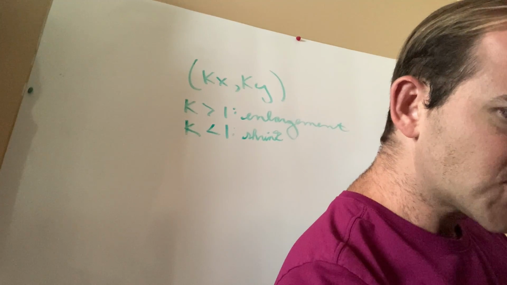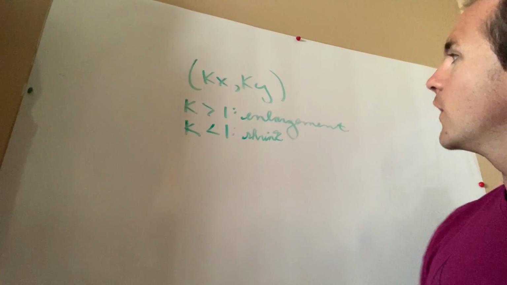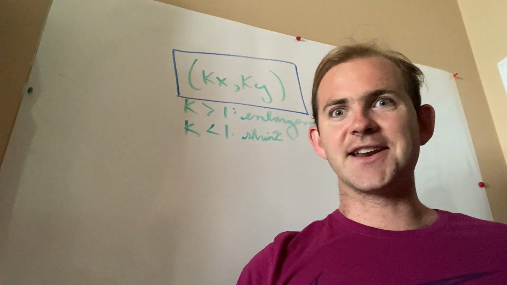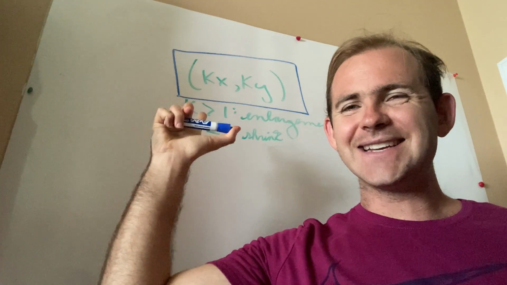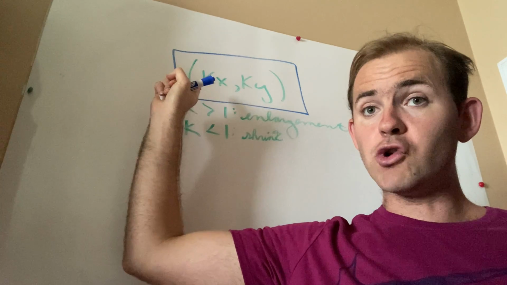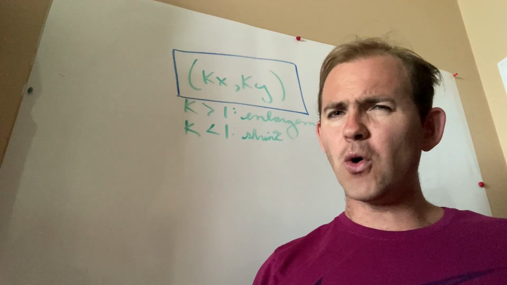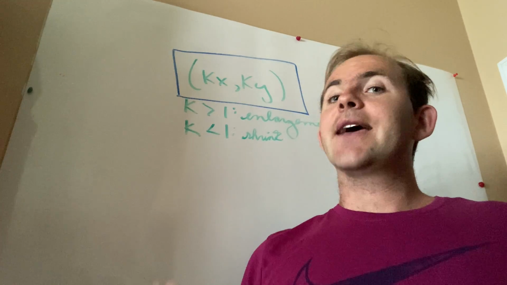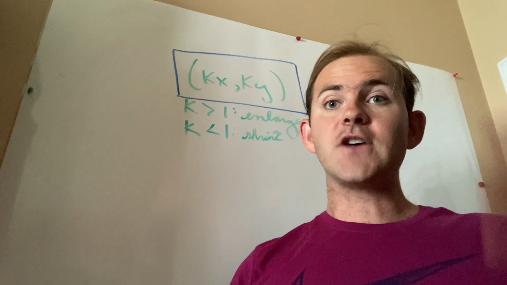But again, what's the most important thing to take away from this? The most important thing is to take away that this is the coordinate rule for a dilation. Let me say that again. The most important thing to take away from this is that when we perform a dilation, this is the coordinate rule. Now, the reason that's important is that coordinate rule is going to make these problems really easy. Like with translations, the goal is often going to be the same.